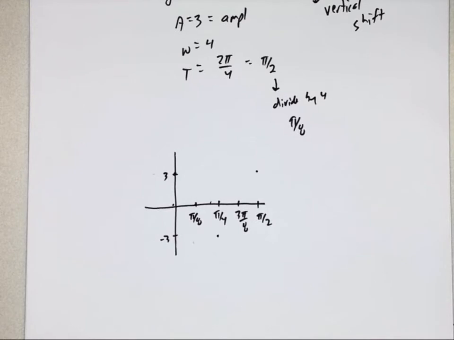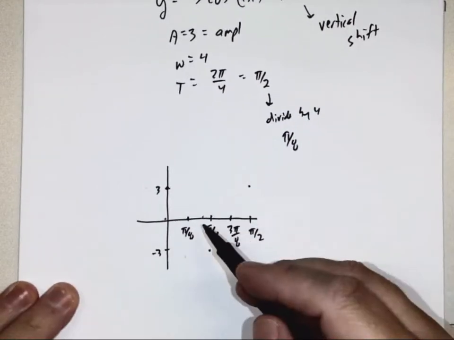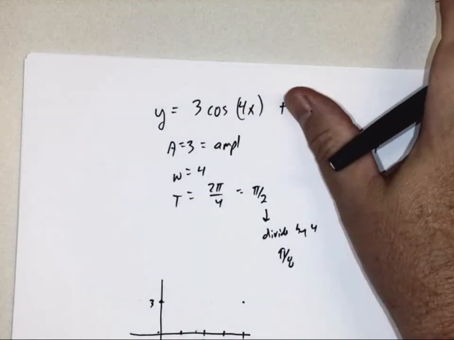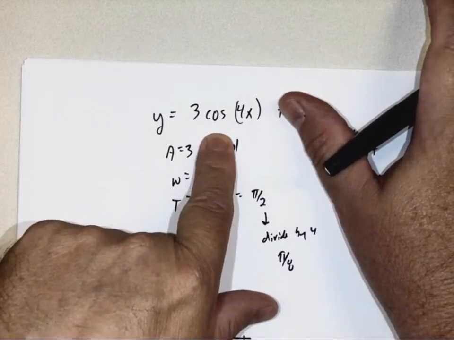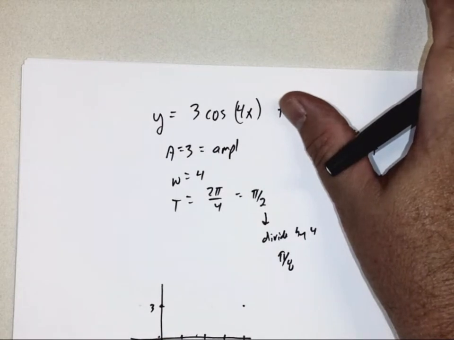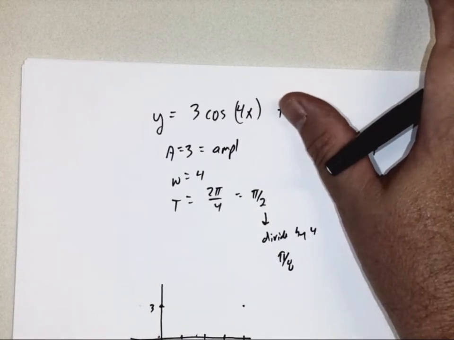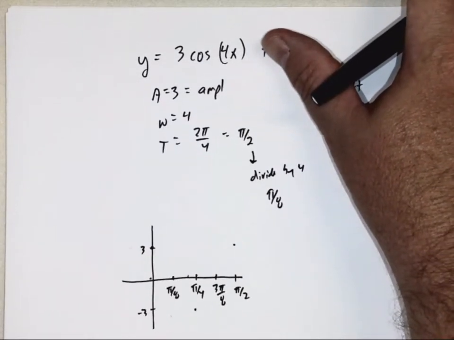But normally at this point I draw in my graph, but because the very last step is I have to account for this vertical shift, all I've got so far is this function right here. So I'm going to plot that, but I'm going to do it in dashed lines, which tells me it's not really the final answer. It's just like a temporary intermediate graph.